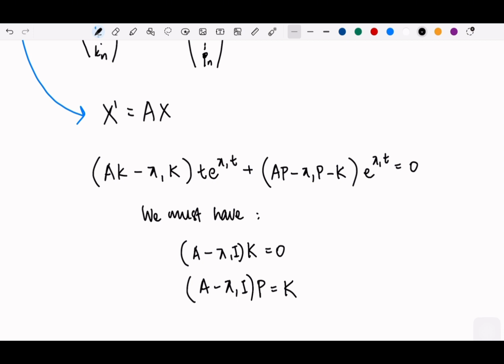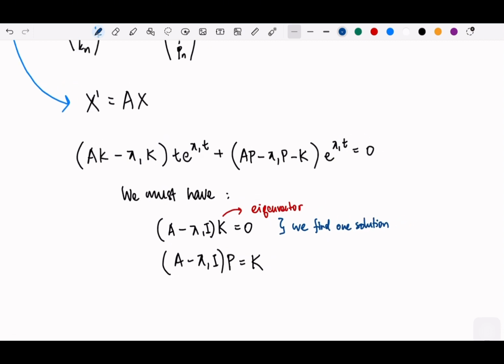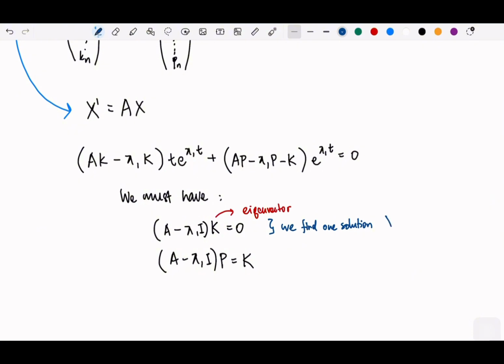So simply, this is going to be the eigenvector. And by solving the first equation here, we find one solution, right? Which is like the previous example, we can find at least one solution for a typical eigenvector.